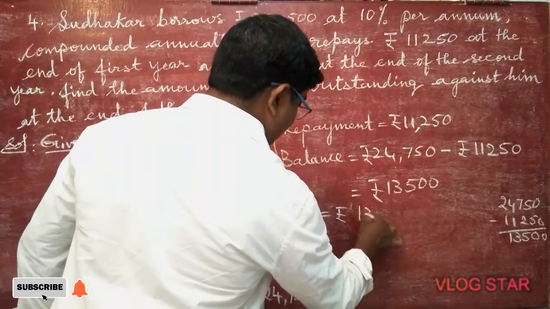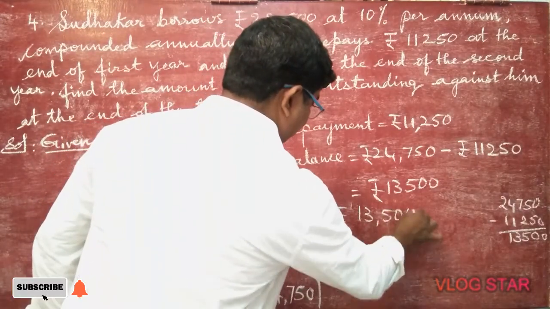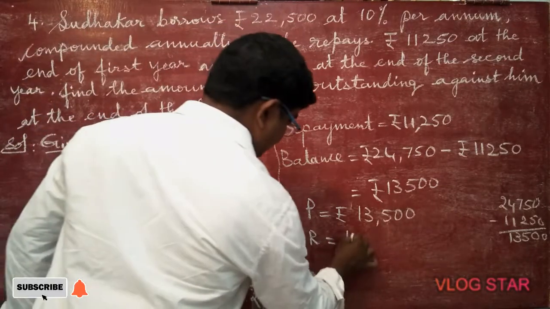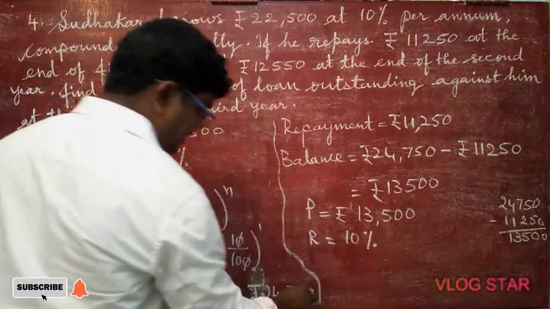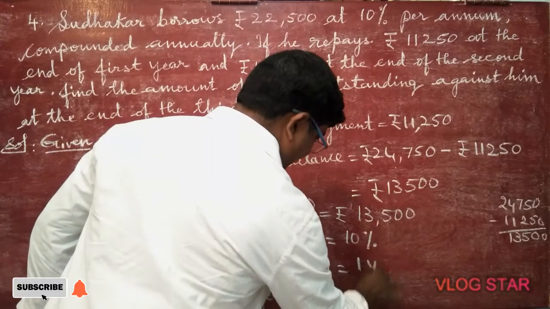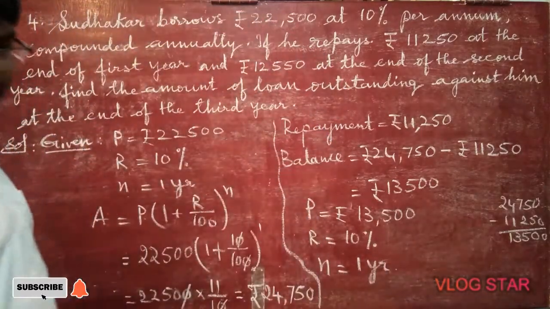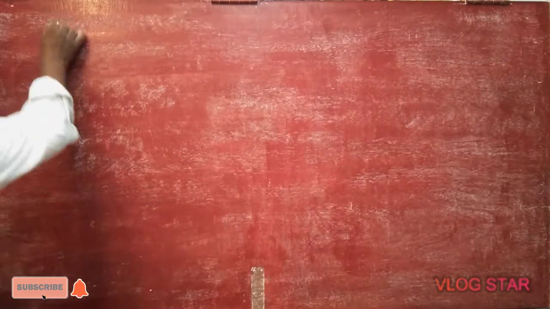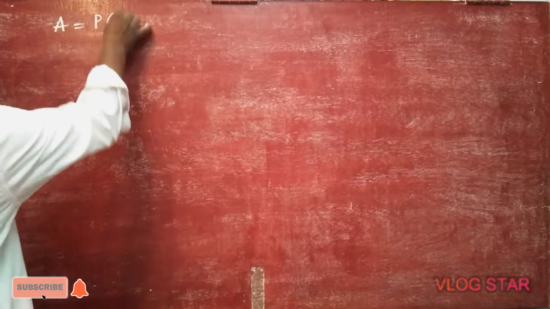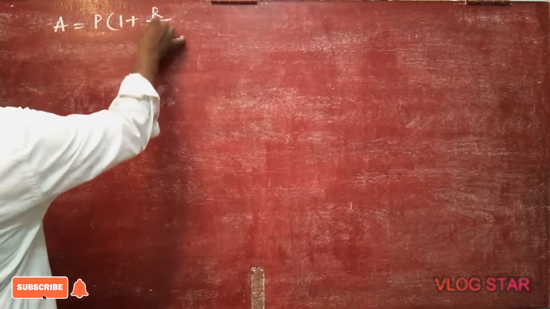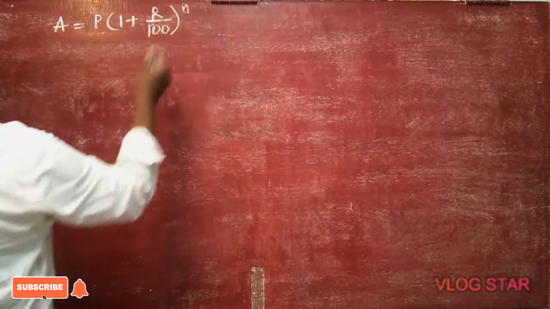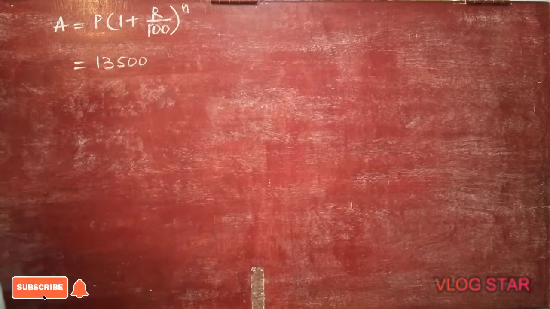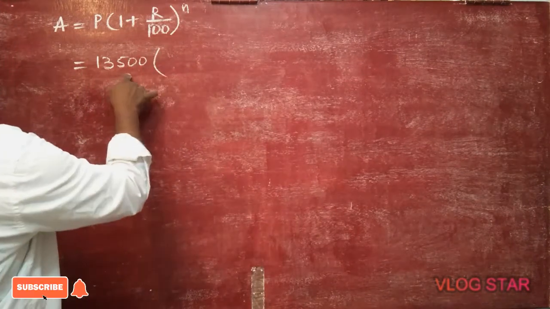Principal is equal to the balance, 13,500, and R is the same, the rate is 10% only. N for the second year means 1 more year. Again the amount formula: amount is equal to P into (1 plus R by 100) whole to the power of N. 13,500 is the remaining balance, and that will become the principal for the second year.